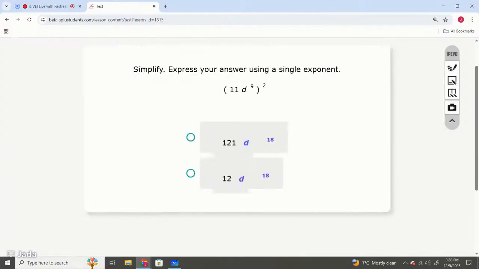Option number 2 is the correct option. Simplify 11d^9 square.